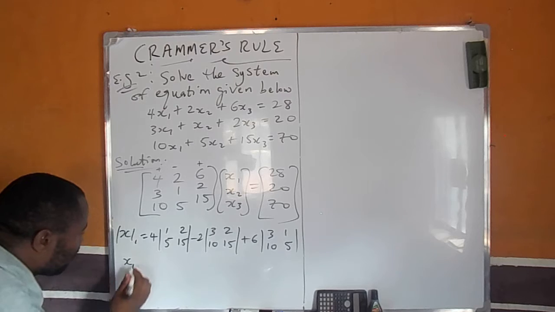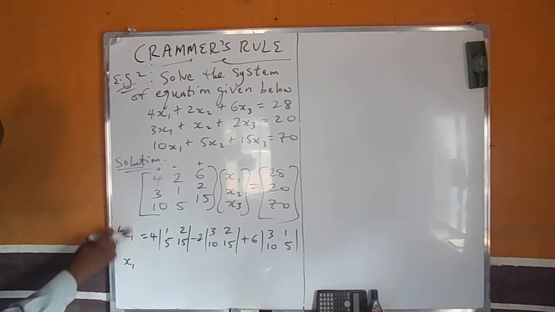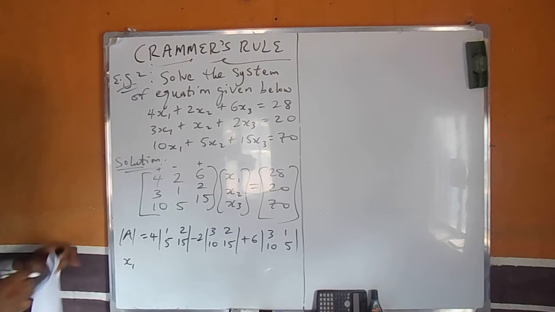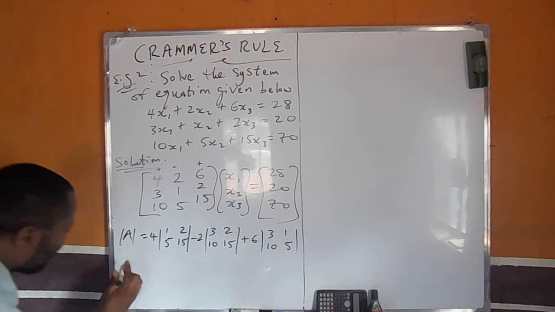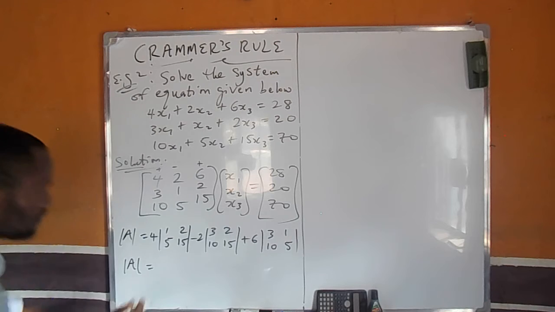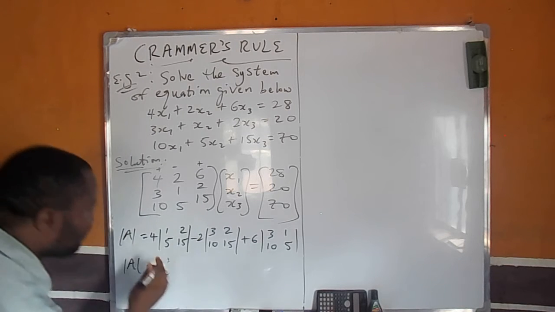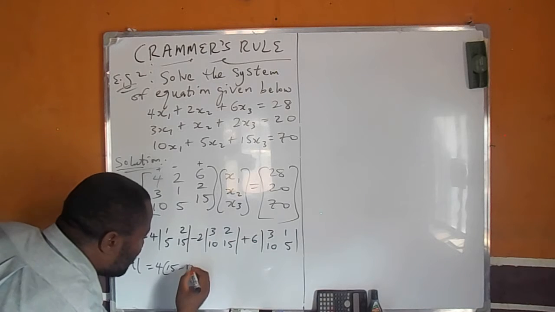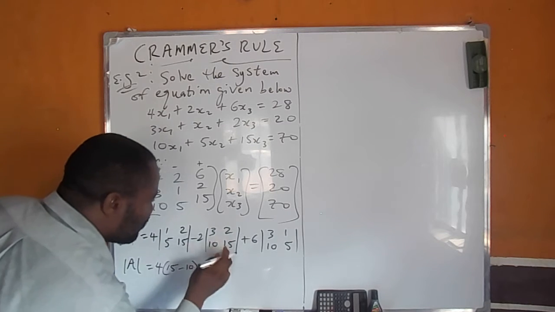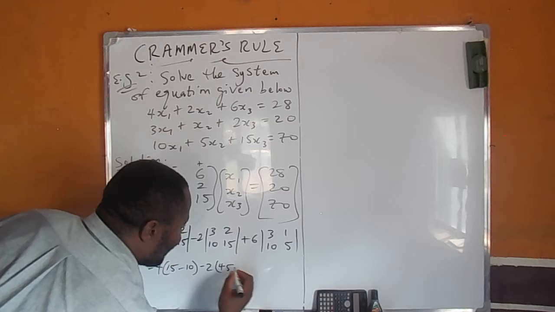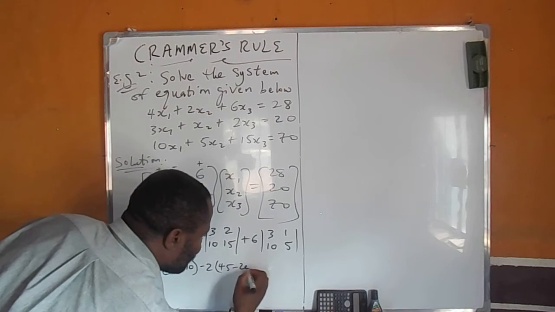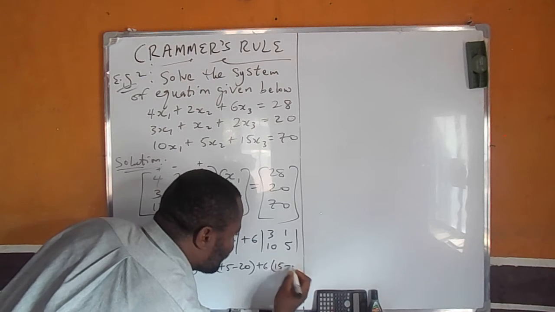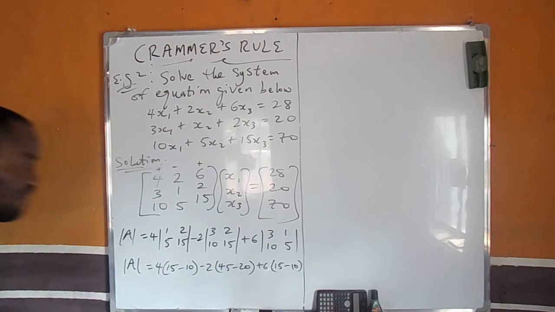Which is the determinant of A, I put x1 here, is A. So the determinant of A equals 4 in brackets: 15 times 1, 15, minus 5 times 2, 10, bracket close, minus 2 bracket open, 15 times 3, 45, minus 10 times 2, 20, plus 6 bracket open, 5 times 3, 15, minus 1 times 10, 10, bracket close.